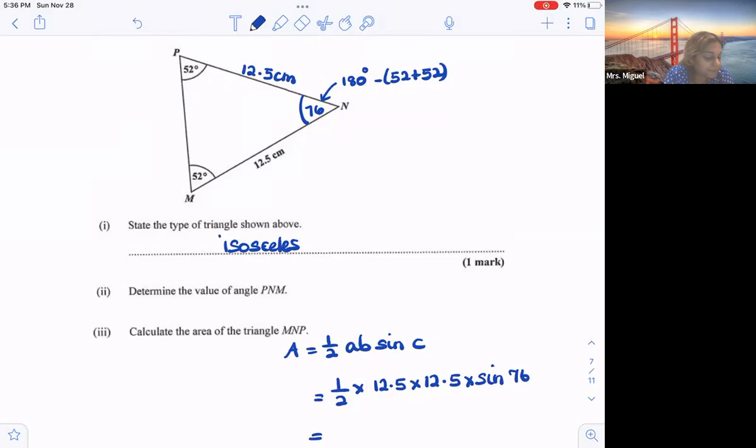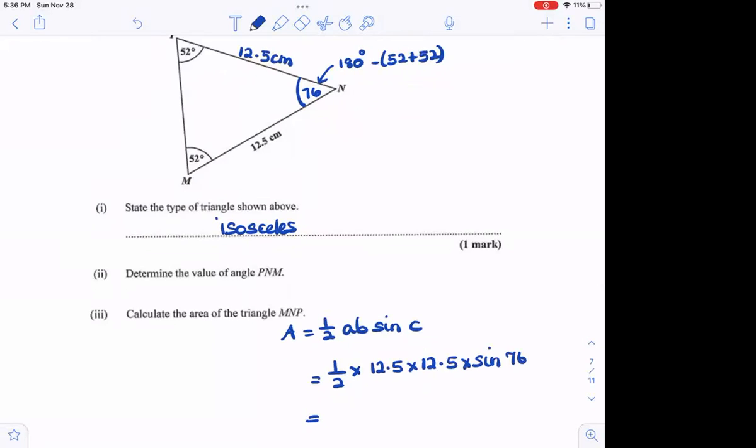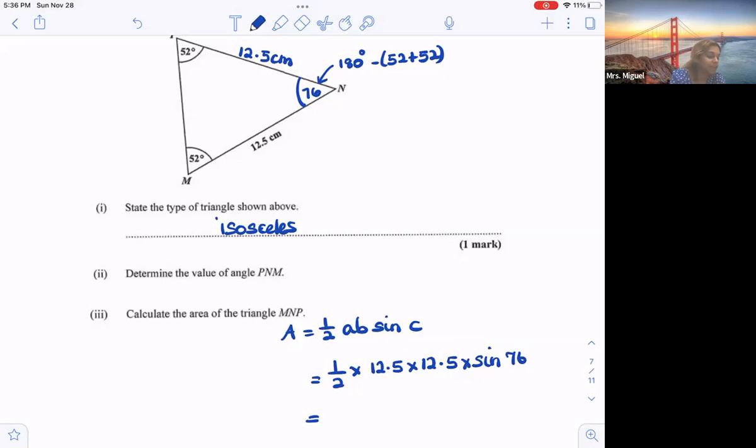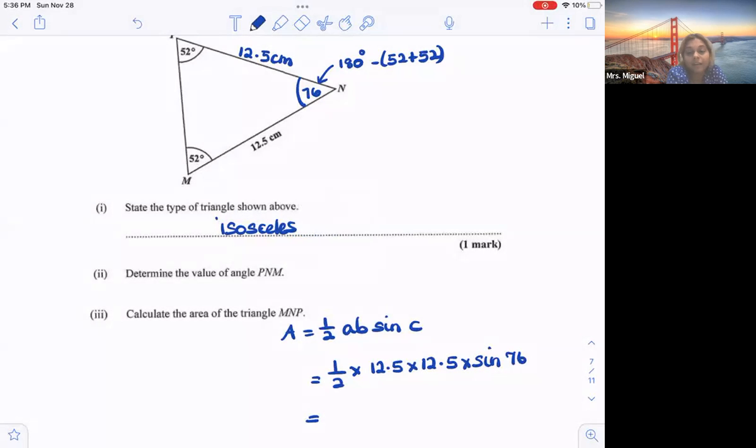Are you all there? Make sure your calculator is in degrees, right? And work it back. A half of 12.5 by 12.5 by sine 76. Make sure the calculator is in degrees.